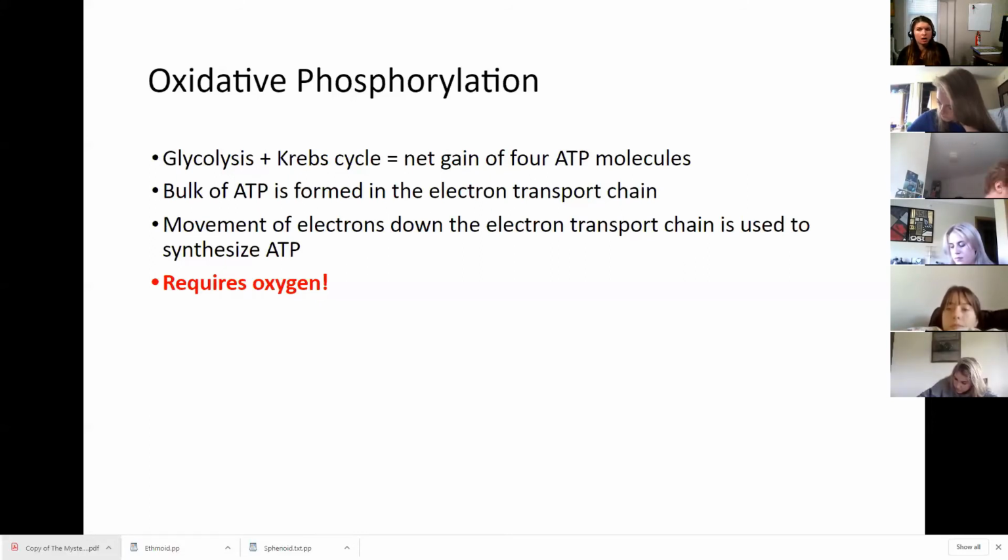We can make a tiny bit of ATP without oxygen because glycolysis can make ATP without any oxygen whatsoever. But in order to produce efficient numbers of ATP molecules, we need oxygen because it's crucial to this step.